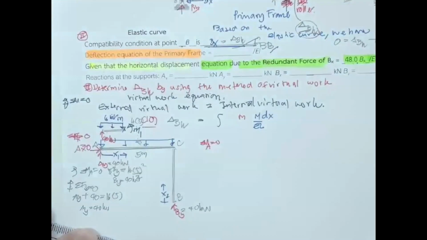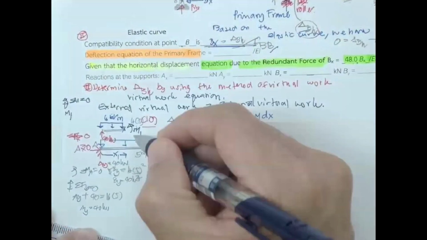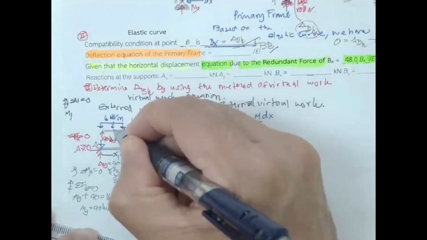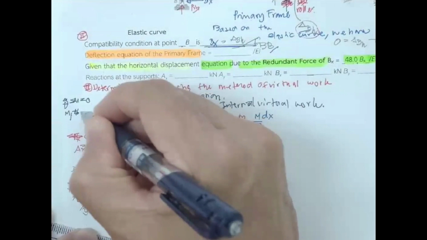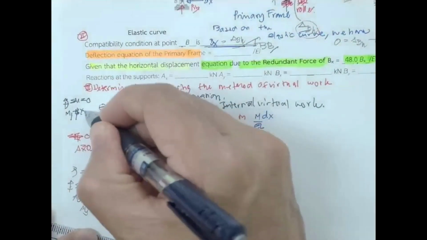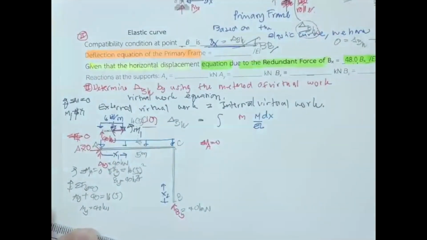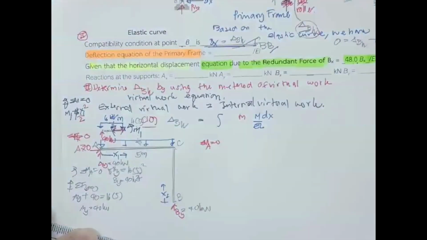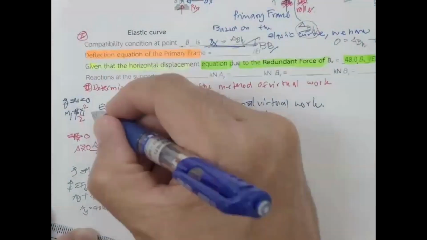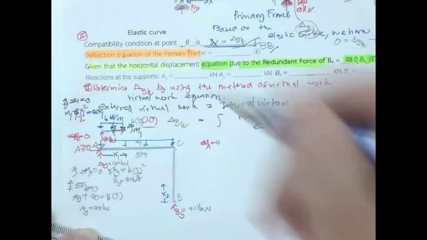Putting this rotation, you have capital M1, and this is going to be 16 plus 16 times x1, and the distance from here to here is going to be x1 over 2, and then you have to set it equal to this one, 40 x1.